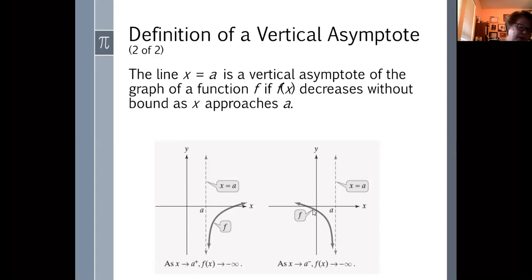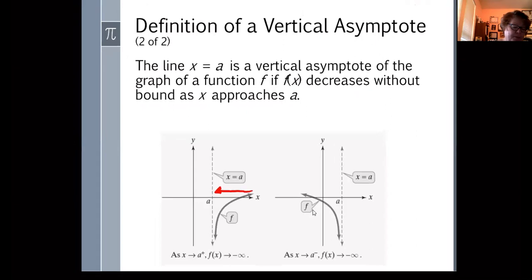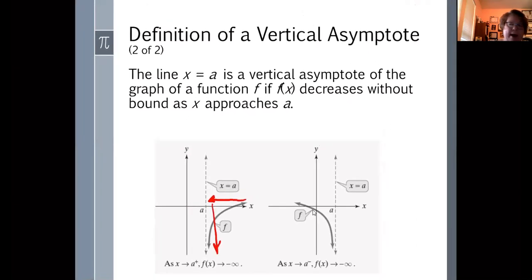So as x approaches this value a from the positive direction, y goes to negative infinity.